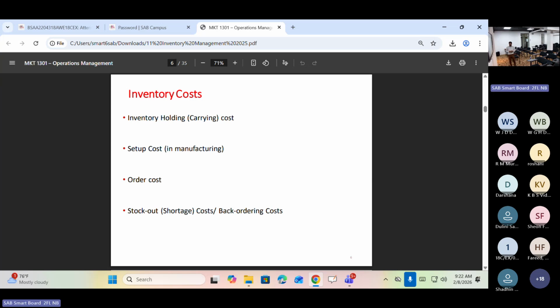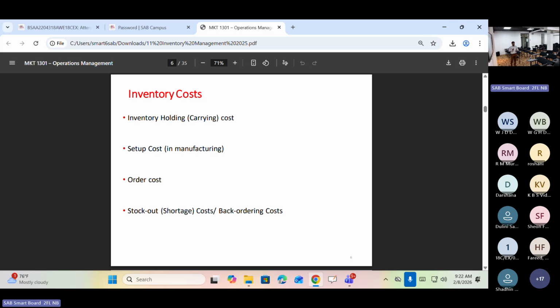In addition to that, in some advanced inventory management calculations, we can also refer to additional costs like stock out cost or shortage cost, or alternatively what we call backordering cost. This refers to a situation where you are unable to supply due to supply shortages, and there can be lost sales and lost opportunities.